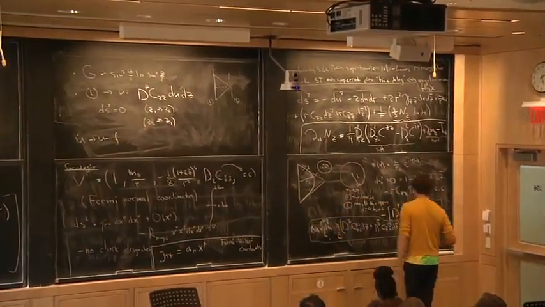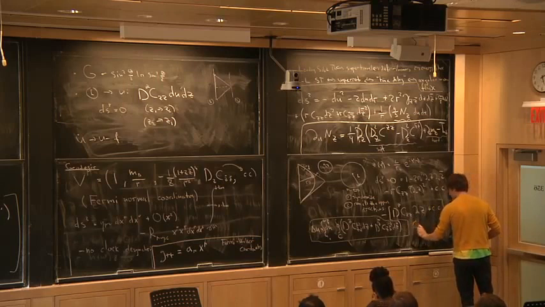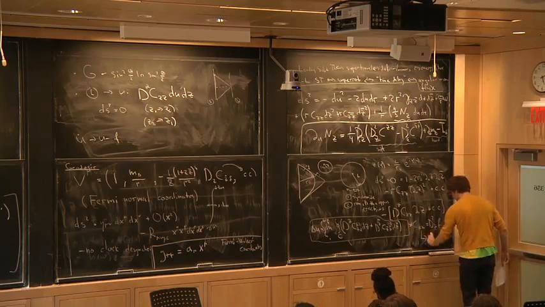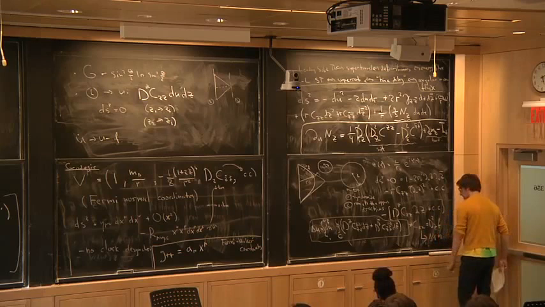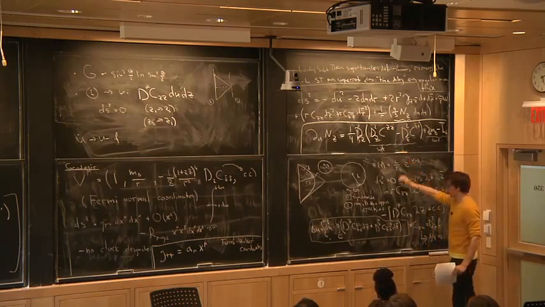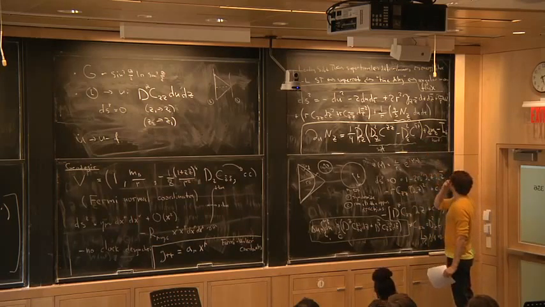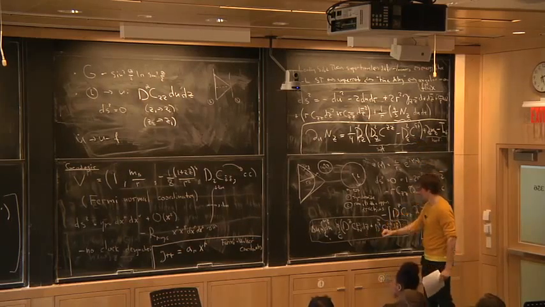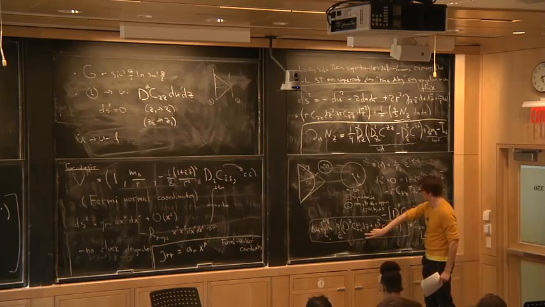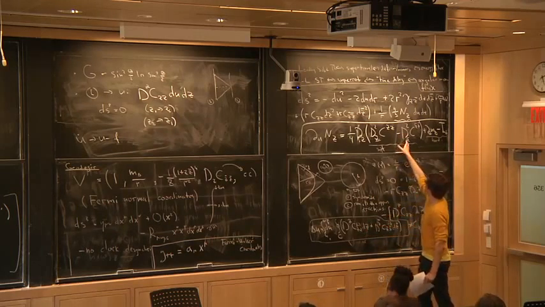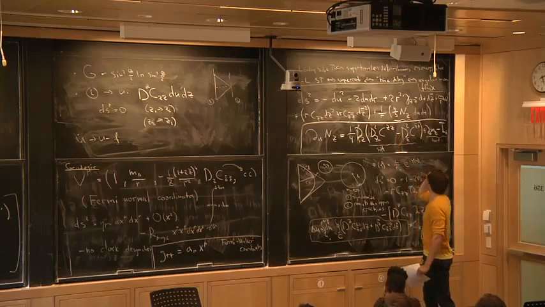So let me write again here. If CZZ is the second derivative, then delta u is 0. So to relate this quantity to the angular momentum flux, we will use again this equation, and you can show using Stokes' theorem, it's a good exercise, that this quantity will be equal to this quantity.